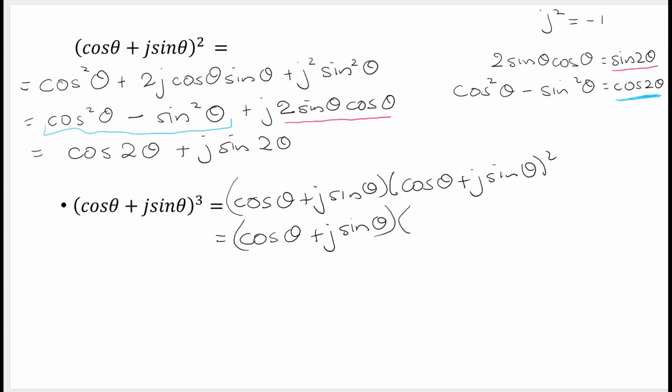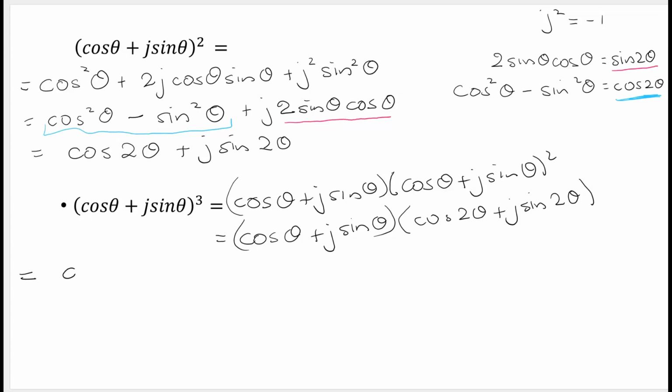That last bracket we got on the previous line was cos 2 theta plus j sine 2 theta. Now we need to multiply this out. This doesn't fit Pascal's triangle, we just have to work each of these out, but it's a straightforward FOIL, and I'm going to move it over to the left.